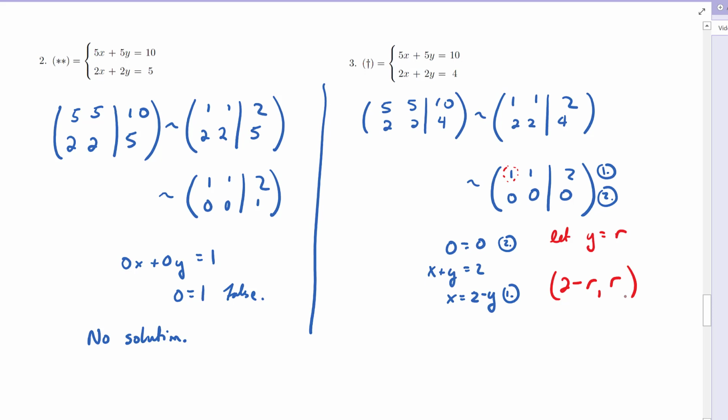So, for example, if r were 3, then our solution would be 2 minus 3, comma 3, or -1, comma 3. That's an ordered pair that solves this system of equations. And if we picked any other value for r, we could find another corresponding ordered pair. So in this case, we'd say that we have infinitely many solutions.